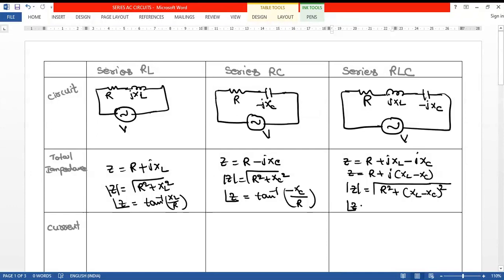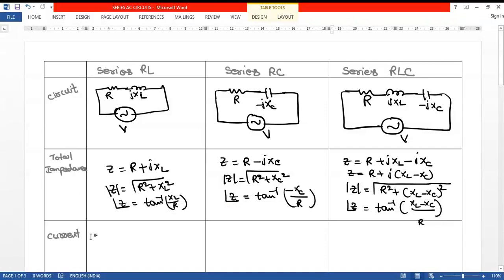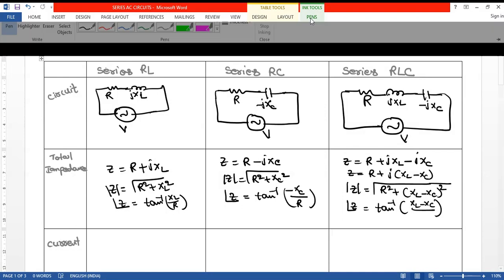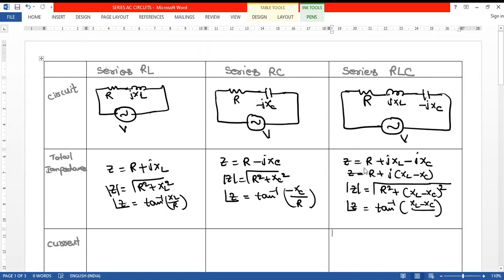Coming to the angle of impedance, it is equal to tan inverse of XL minus XC by R.